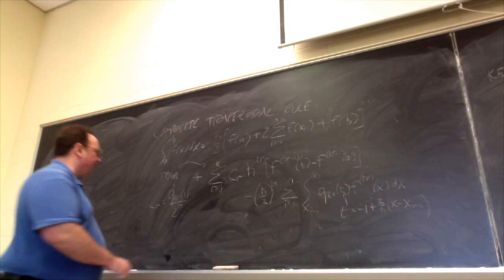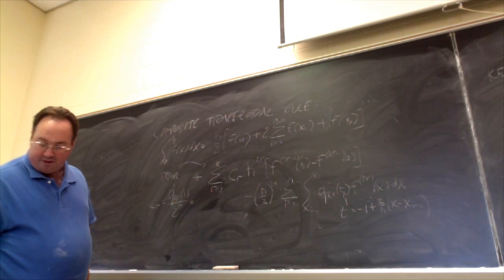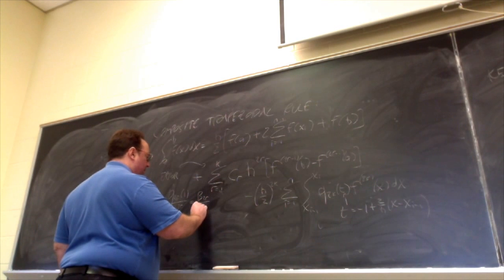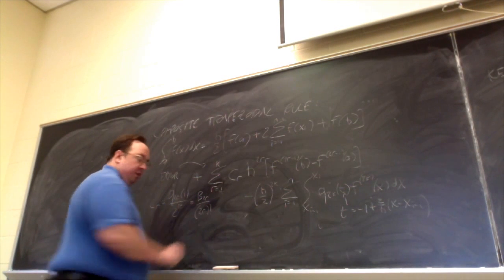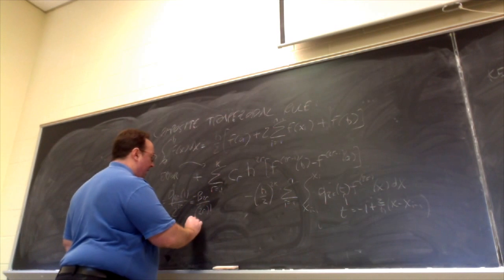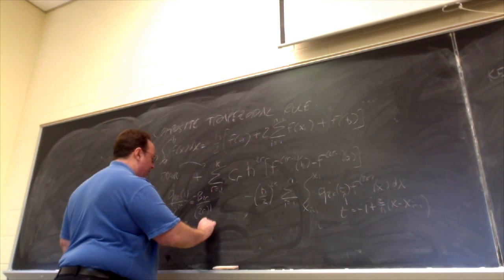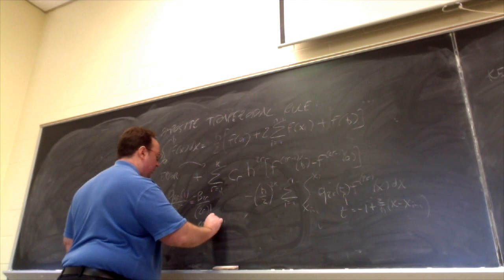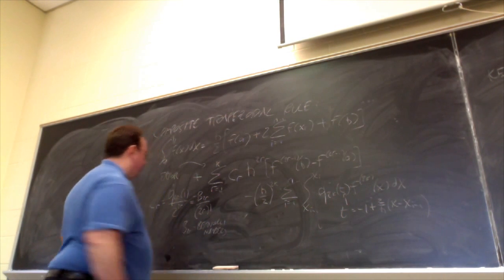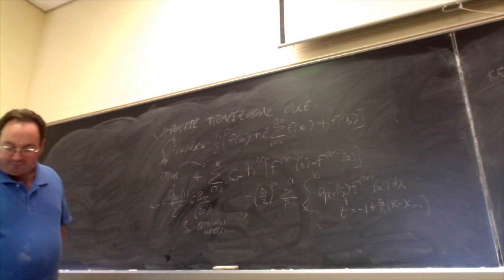I should mention that these constants are also equal to b2r over 2r factorial. And the b's are called Bernoulli numbers, that come from the values of the Bernoulli polynomials.